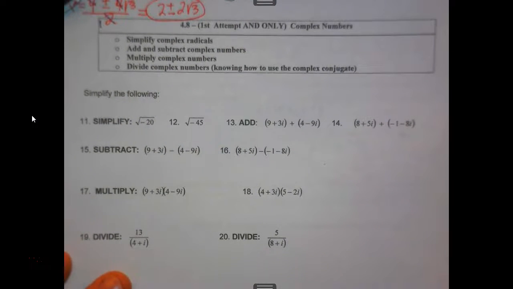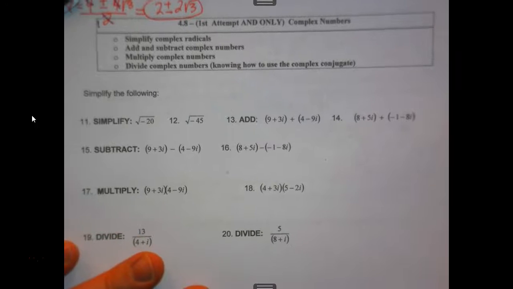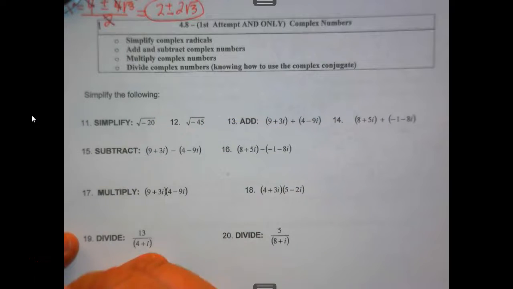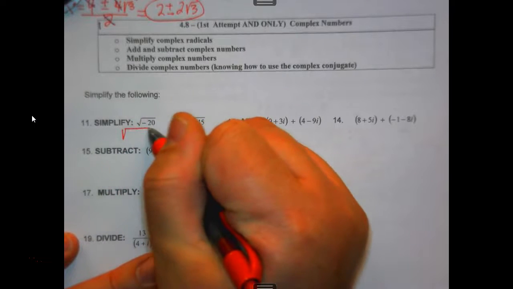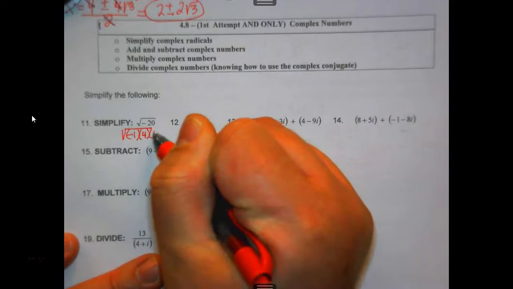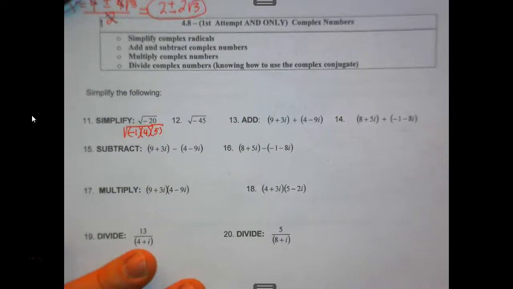All right, 4.8, imaginary numbers. This is where some of that mind-blowing stuff might come into play. All right, number 11: the square root of negative 20. Before imaginary numbers, you couldn't do this, but now you can. I can break this negative 20 up into negative 1 times 4 times 5. The reason I picked 4 and 5 is because 4 is a perfect square.